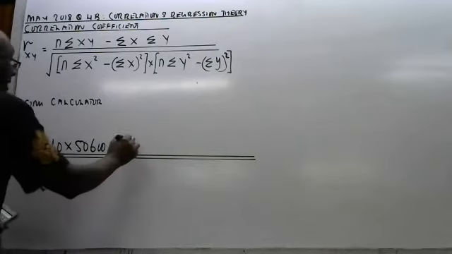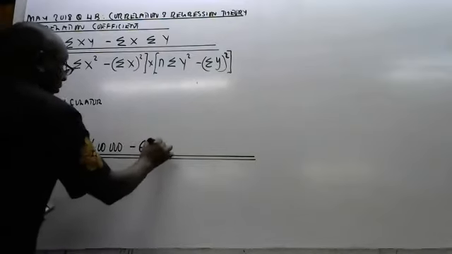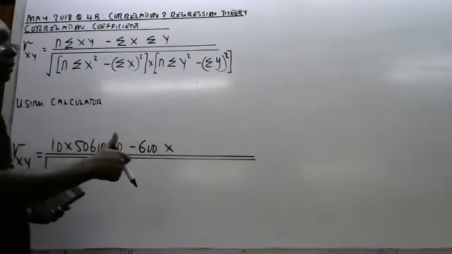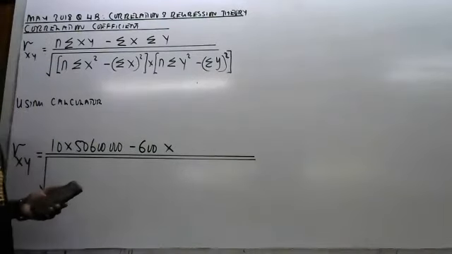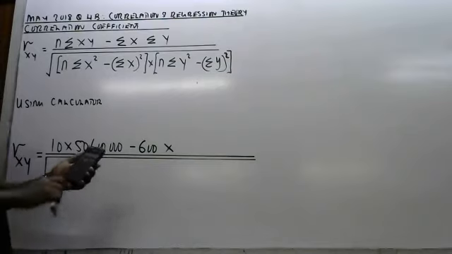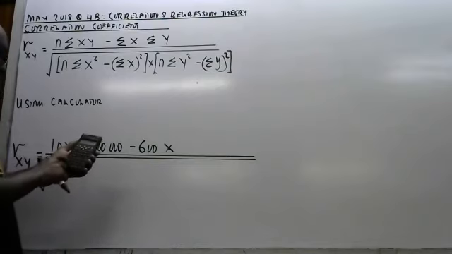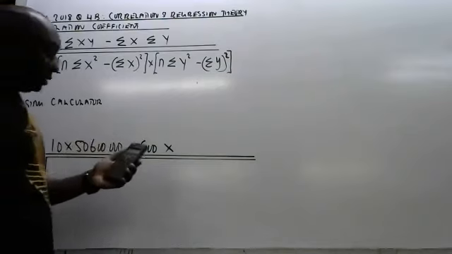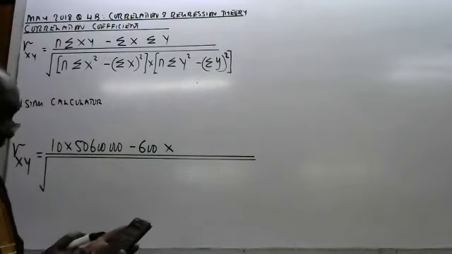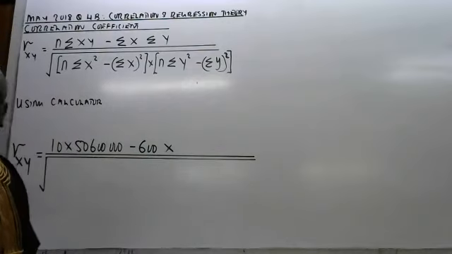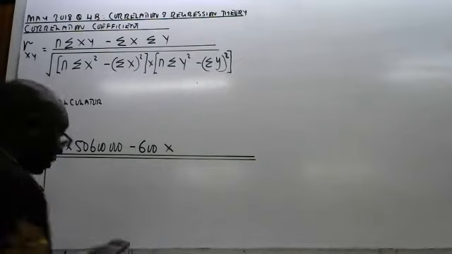Yeah, good, 600. Give me the sum of y. Shift, button number 1, sum of y. 800,000.